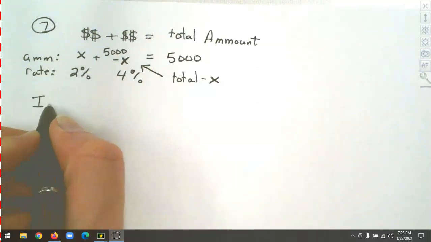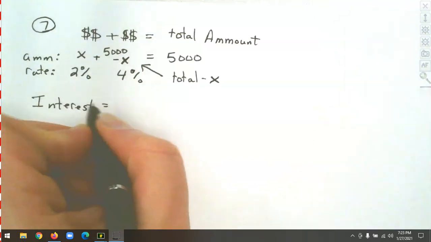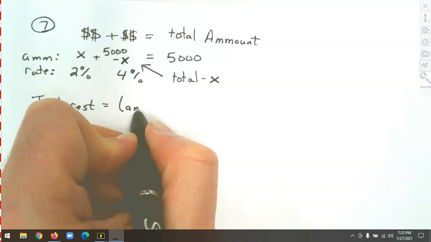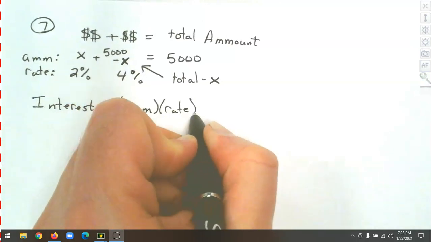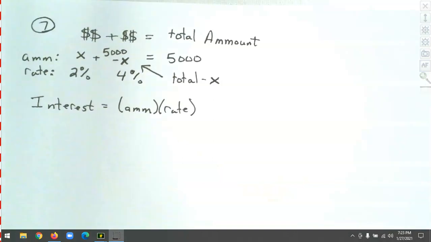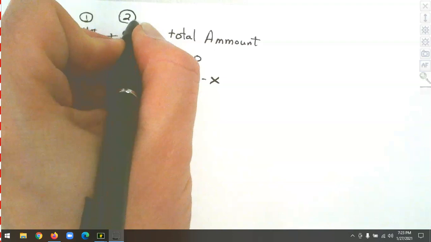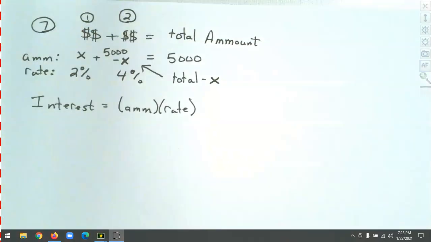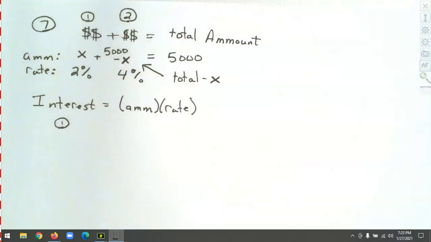Now let's work with our interest. And how do we find our interest? Interest is the amount times the rate. And we'll label this as 1 and 2 here. And so let's label these out. We've got the unknown amount, X, at 2%.